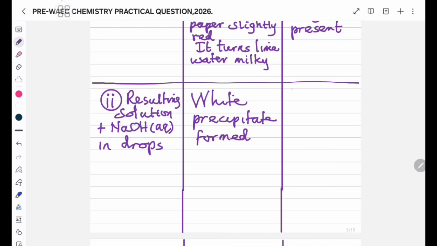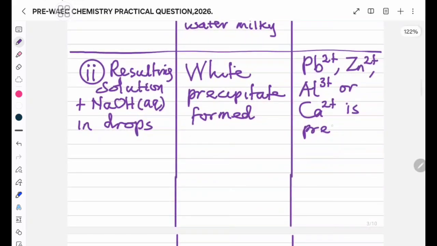We have Pb2+, Zn2+, aluminium ion or calcium ion. One of these is present. So either Pb2+ or Zn2+ or Al3+ or Ca2+ is present.